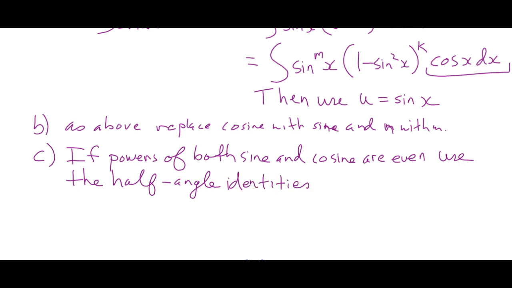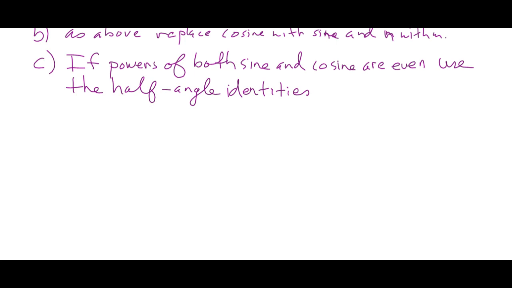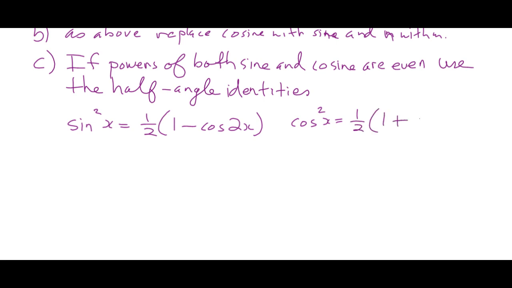So if it's odd, you get an even power with one single factor remaining, a cos x dx or a sin x dx, then u-substitution, powers of u, and away you go. If they're both even, you use a half angle identity. Those are sine squared x is 1/2 (1 minus cos 2x), and cos squared x is 1/2 (1 plus cos 2x).